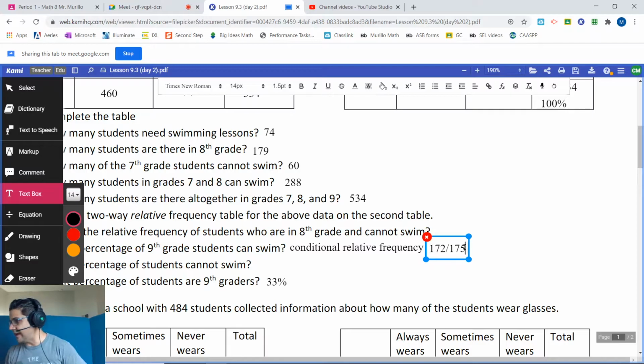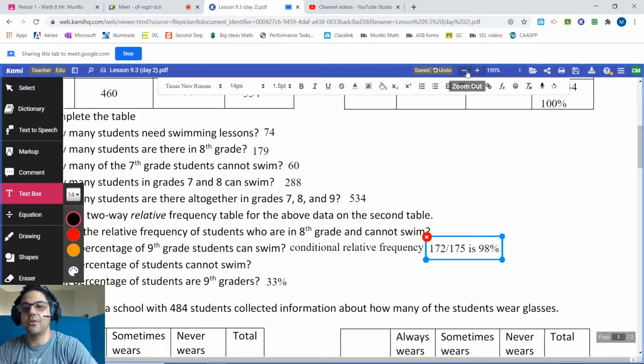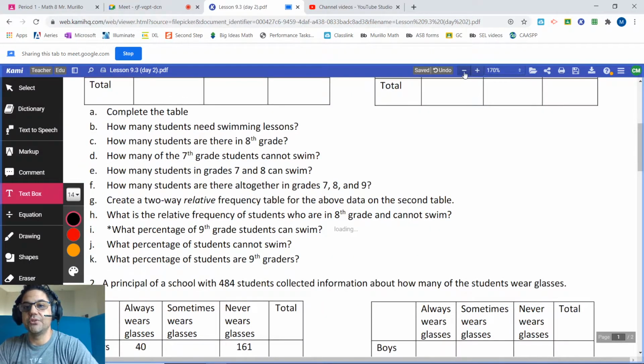So again, not the grand total, only the total of ninth graders. That's going to be about 98%. So that's the key difference between your relative frequency and your conditional relative frequency.